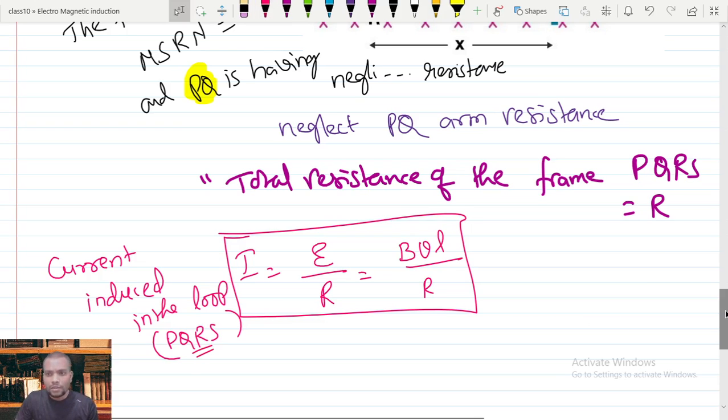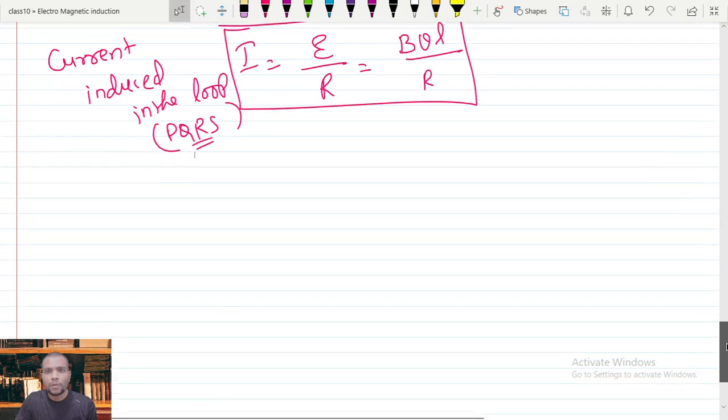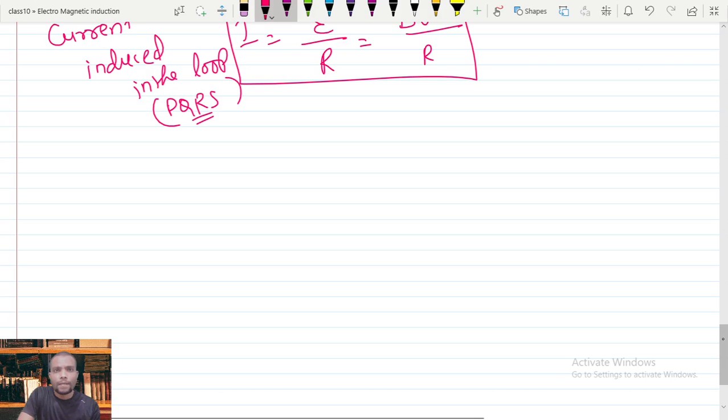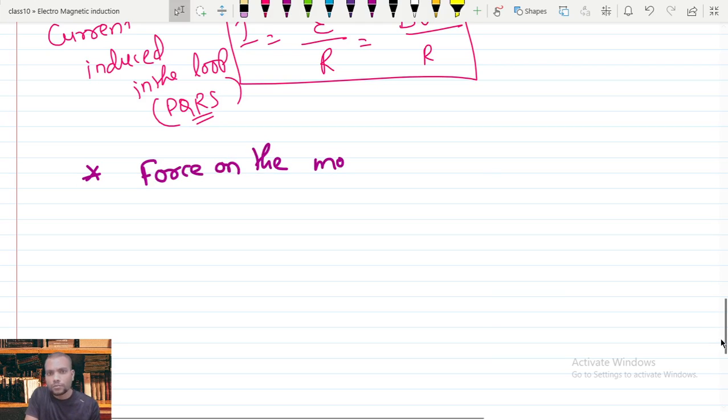Now if the induced current is BVL upon R, and we learned that the arm PQ is experiencing a force, let's find the expression for the force on the movable arm.